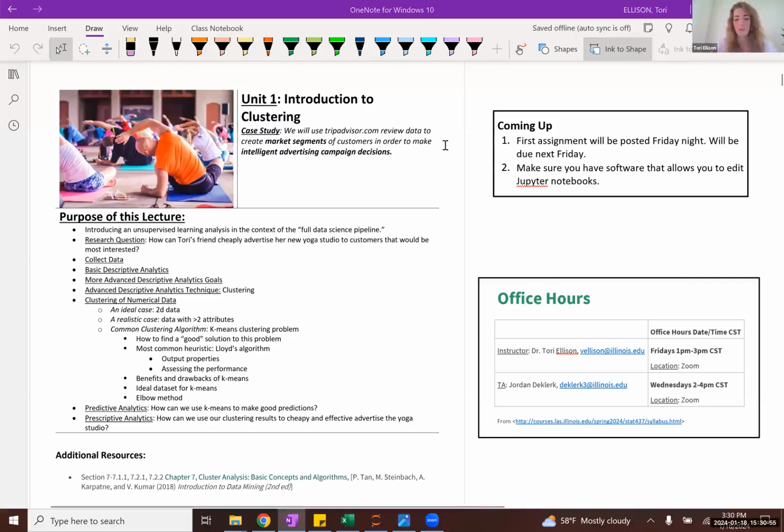But again, just as a reminder, our homework assignments tend to be comprised of one component that will involve coding in a Jupyter notebook that I will give you. So if you've never coded in Python before, I would emphasize making sure that you have some sort of software that allows you to edit Jupyter Notebook files as a good first step in preparing for that first homework assignment.